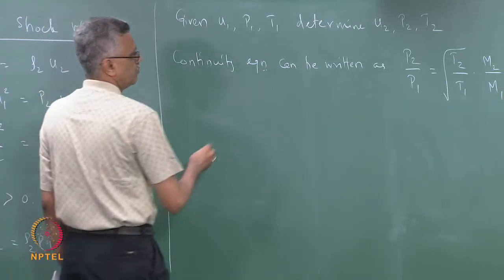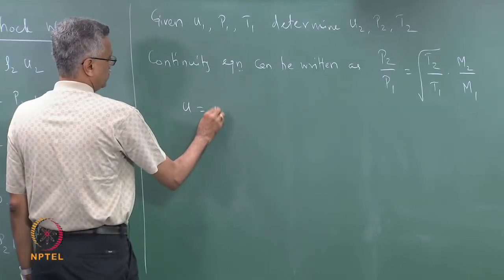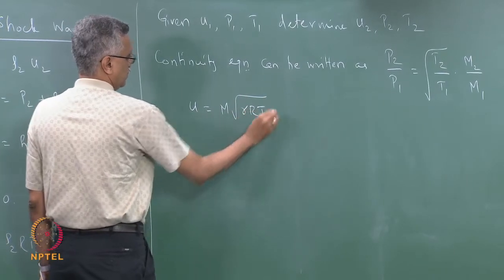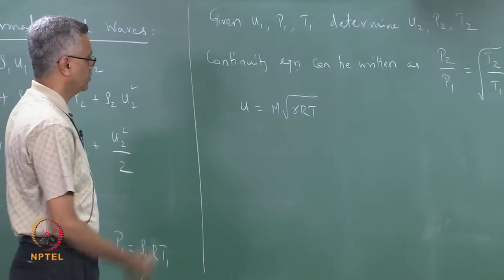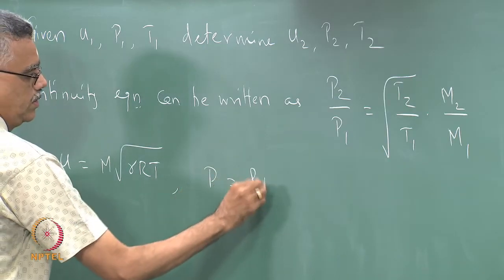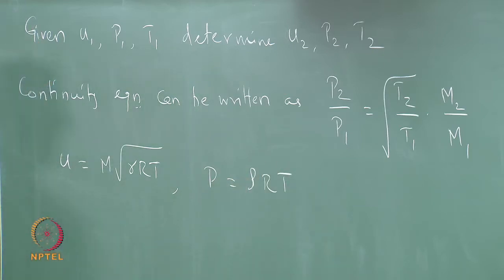So here we have used the fact that U is equal to M times square root of gamma R T, and of course P equals rho R T. So we have used these two relationships here to come up with this equation.